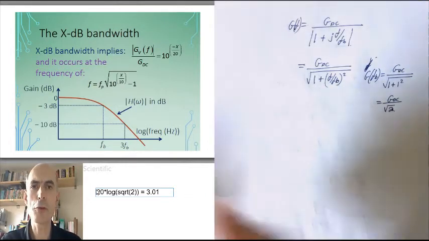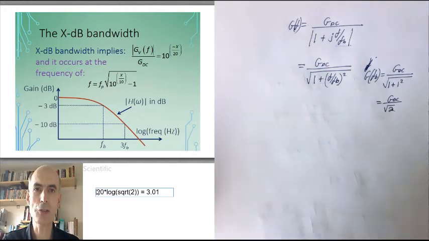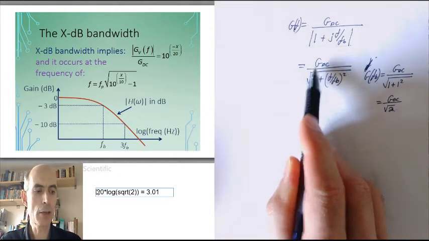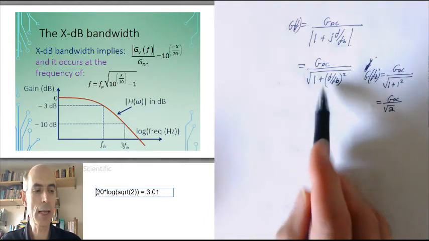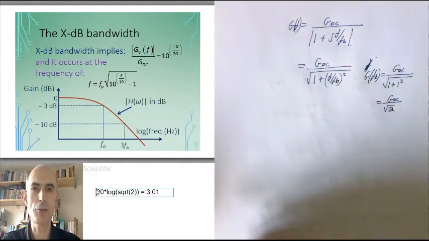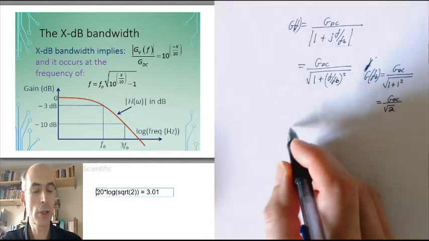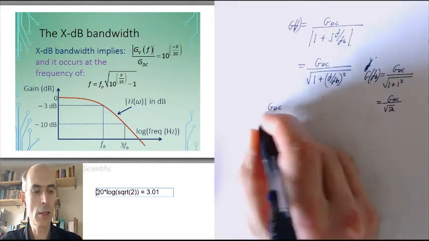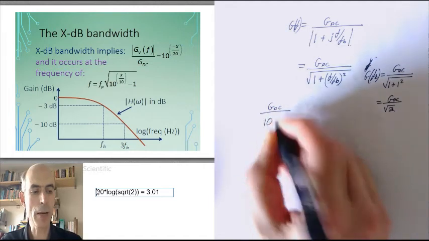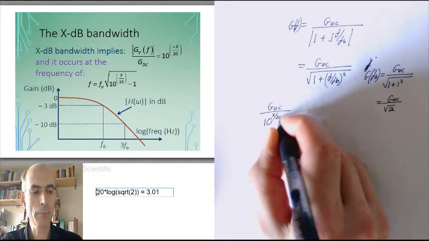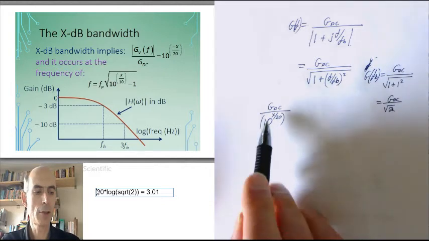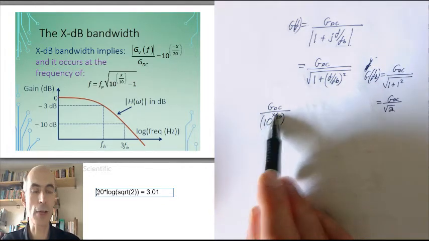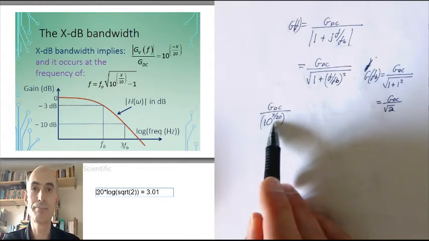Supposing I don't want the 3 dB bandwidth, I want the X dB bandwidth. Well, the X dB bandwidth is the frequency at which the gain has dropped by X dBs. In other words, it's the frequency at which the gain is GDC divided by 10 to the power of X over 20, because that is a factor of X dBs expressed just as a voltage ratio.